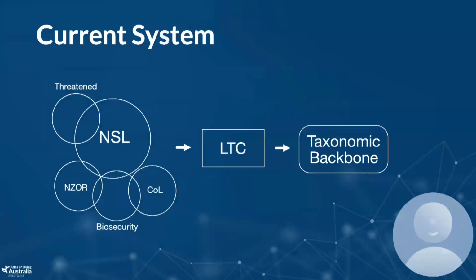To construct the backbone, we take data from authoritative taxonomic sources such as the Australian National Species List, the New Zealand Organism Register, and the Catalogue of Life. We also use information from non-taxonomic sources such as state and federal conservation, biosecurity, sensitive, and migratory species lists.